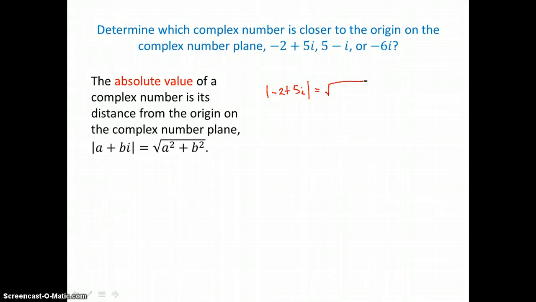So we'll take the square root of a squared plus b squared, and our a value is negative 2, and our b value is 5. So underneath this radical, we've got 4 plus 25, or the square root of 29.